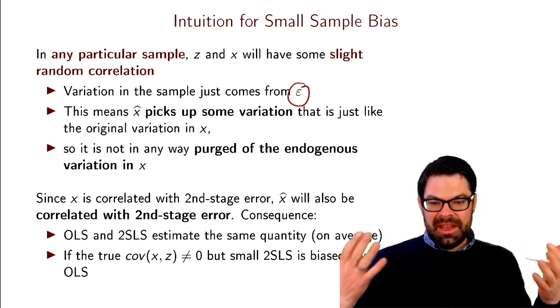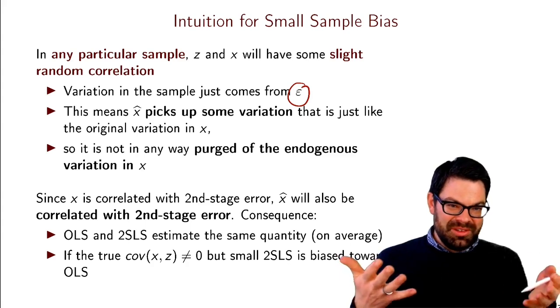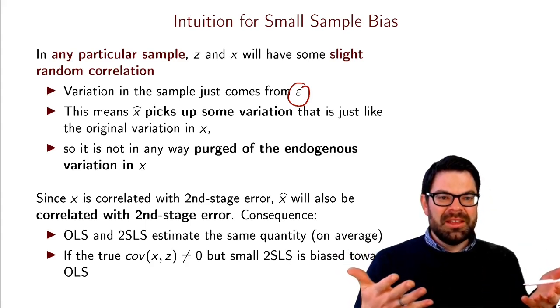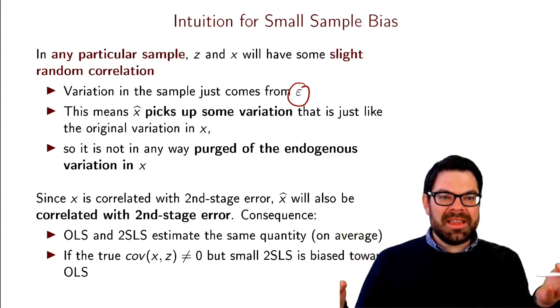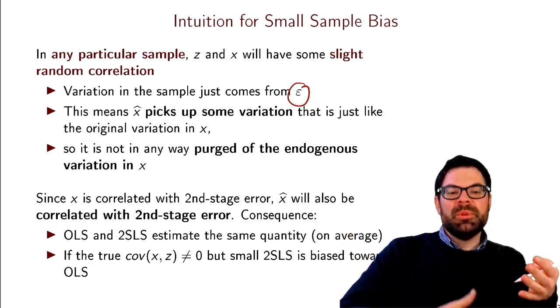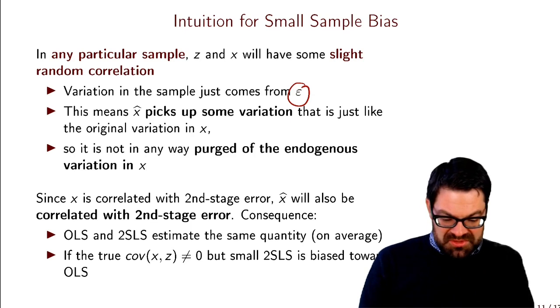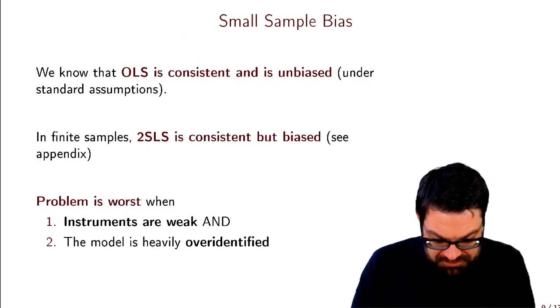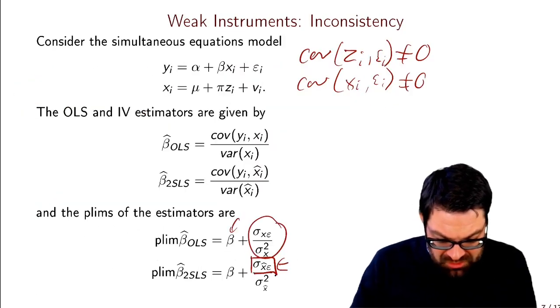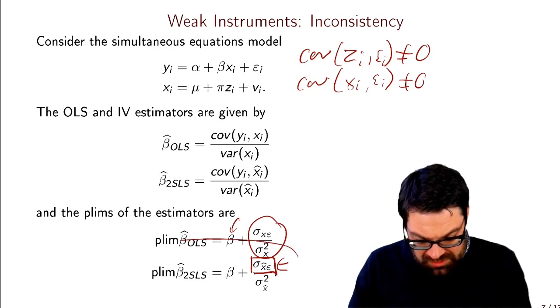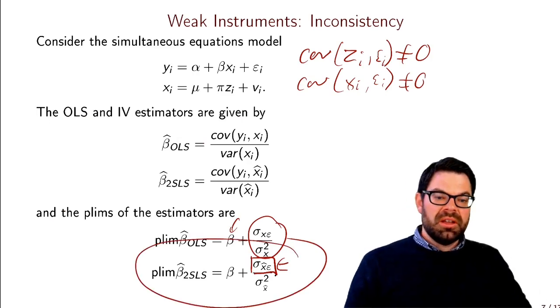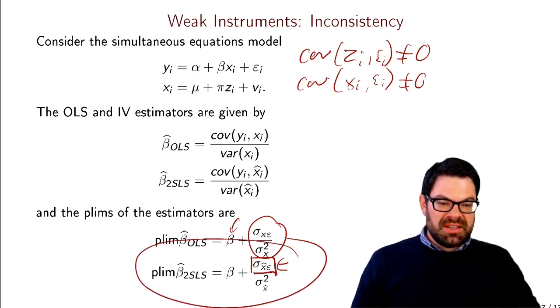And so therefore you will inevitably have a small sample bias, and again the bias will be bigger the weaker your first stage is.